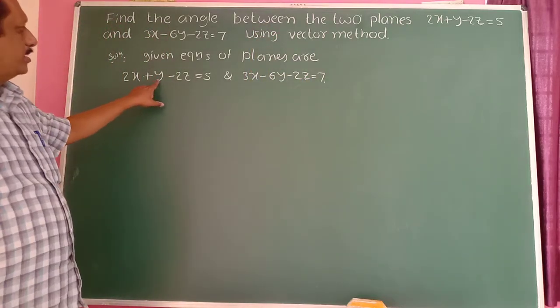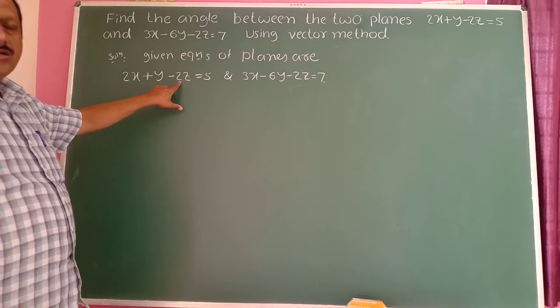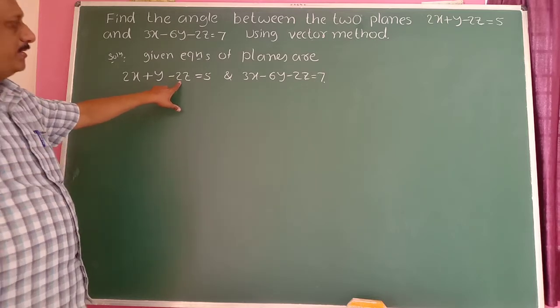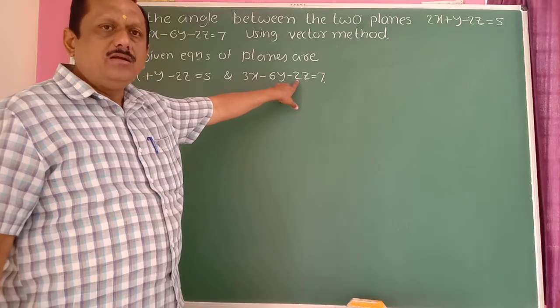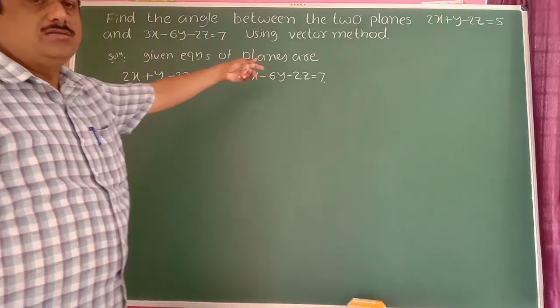Here 2, 1, minus 2: these are the direction ratios of the normal to the plane. 3, minus 6, minus 2 are the direction ratios of the normal to the second plane here.